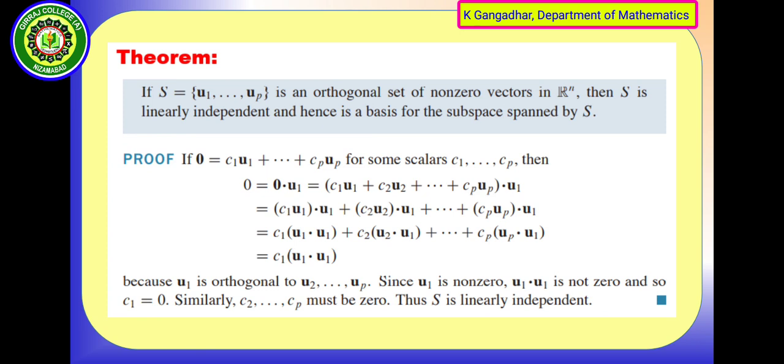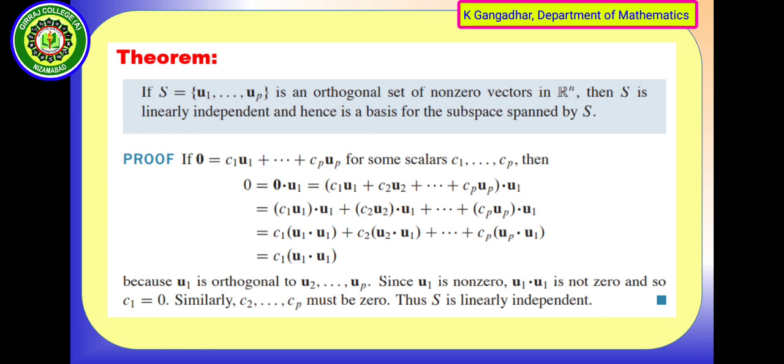In the set S, every pair of two distinct vectors has inner product 0. So every pair of two distinct vectors are orthogonal vectors. Means U2 dot U1 is 0, and so on, UP dot U1 also 0.